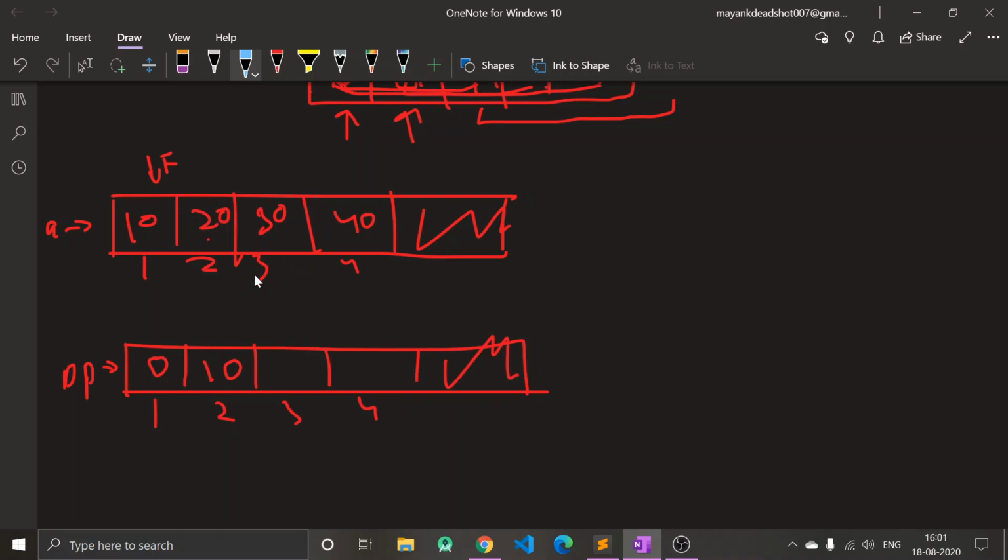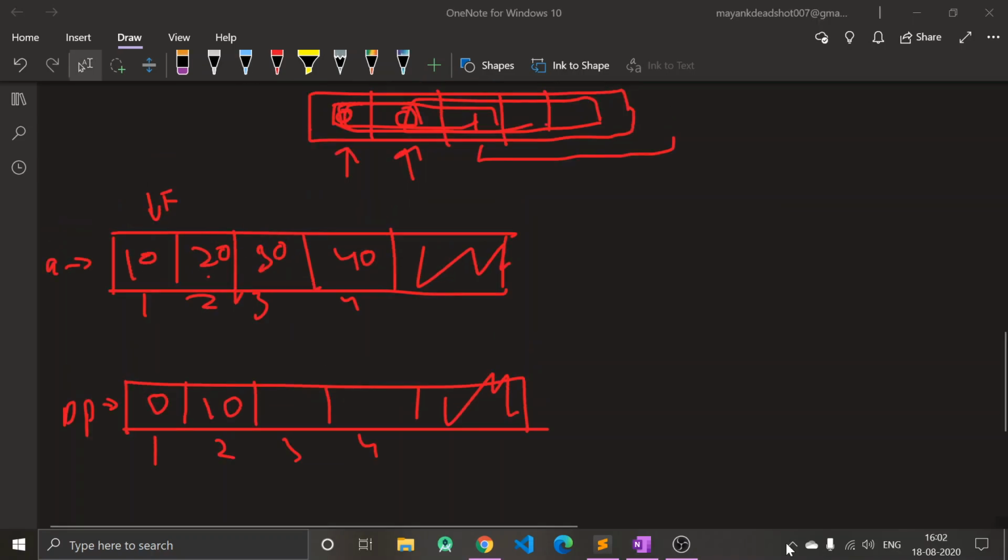Now to go to 30, we will check that from 10 we can go to 20 or we can go to 30. So for the third index we can get the answers from the second index and the first index. For 30 we will check what is the best answer from these two indexes.